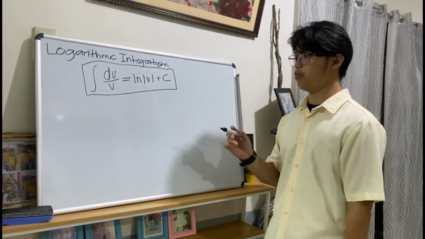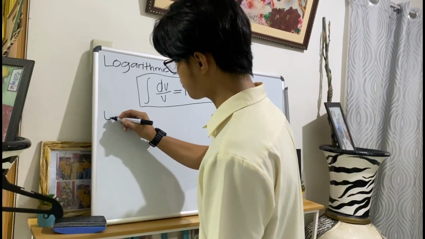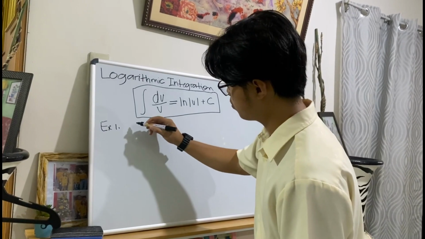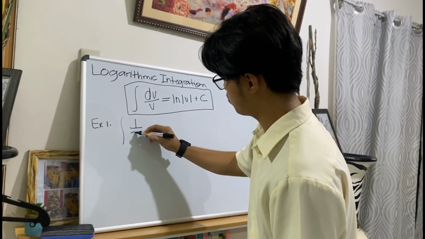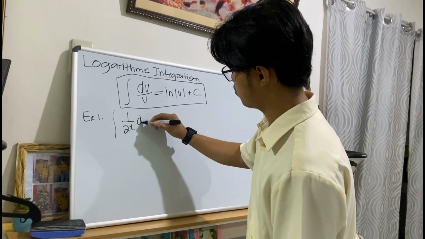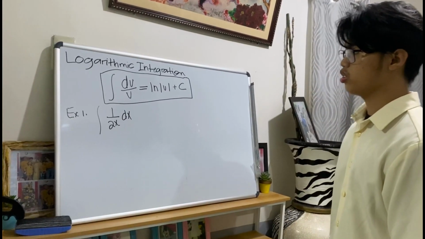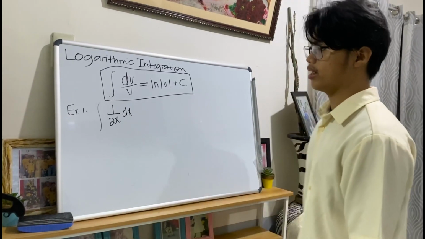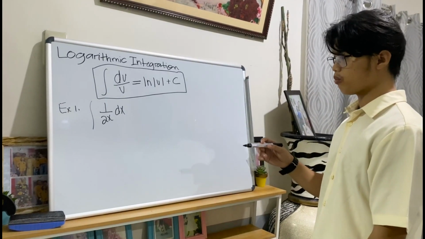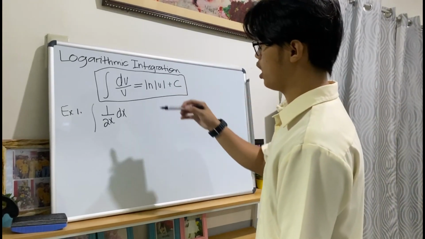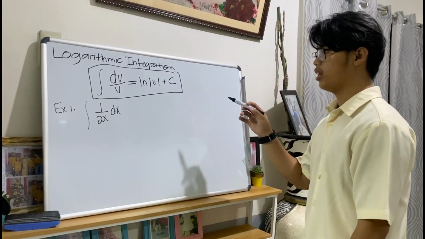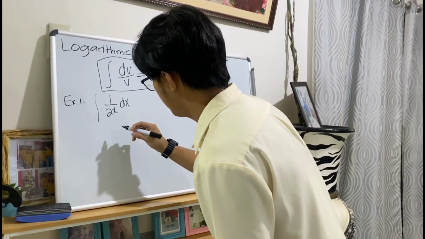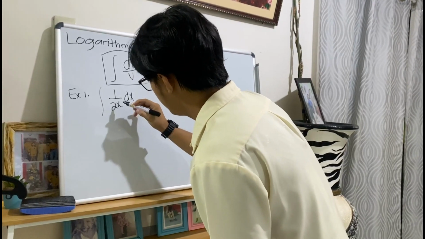So our first example is we have here dx over x. So we can use this formula to get the integrand of this function.